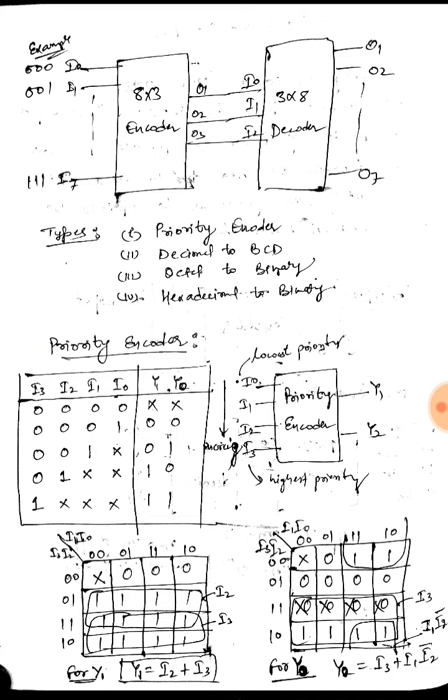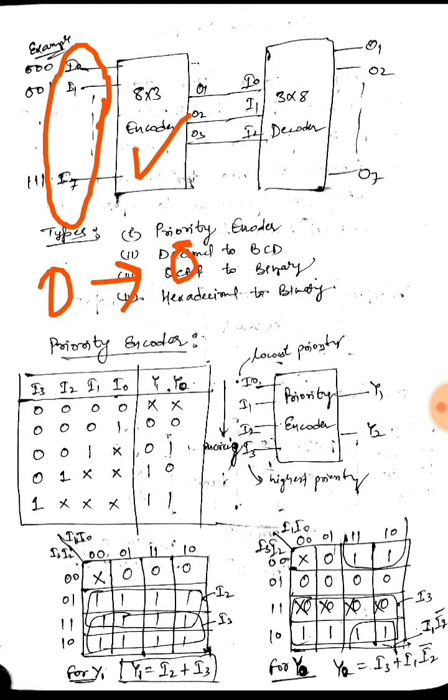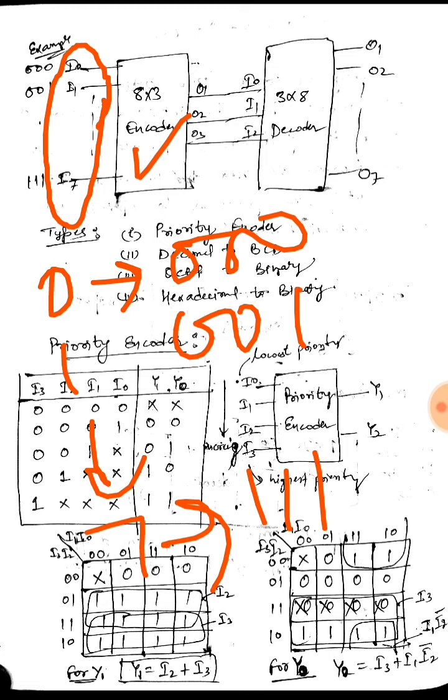If I have an 8:3 encoder, then it will be having 8 inputs, that is I0 to I7, and you all know that we can represent 8 symbols or the digits 0 to 7 using 3 binary bits. That is, for 0 it would be 000, for 1 it would be 001, and as we go further, for 7 it would be 111.